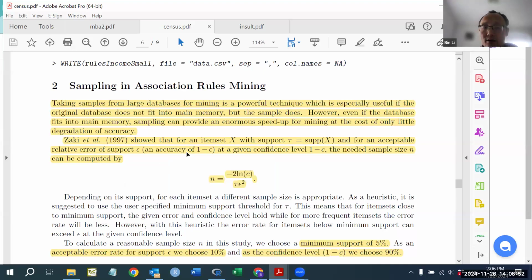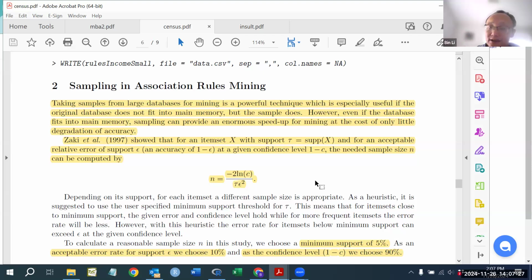They show that for an item set X with support level tau and an acceptable relative error of support epsilon at a given confidence level 1 minus c, what does that mean? Let's say 90% confidence, with the relative error rate for the support around 5% or 10%.